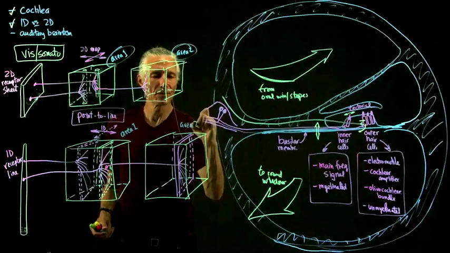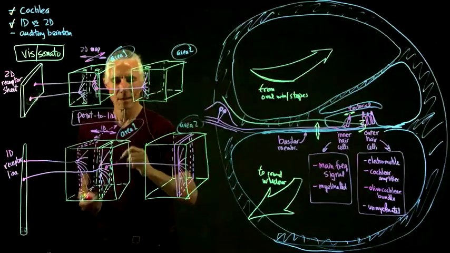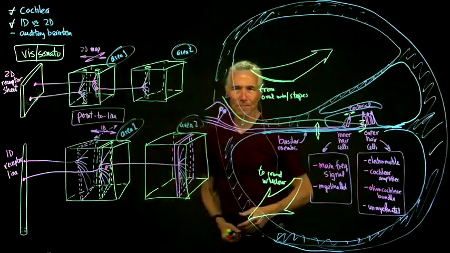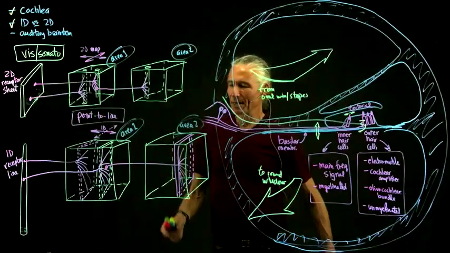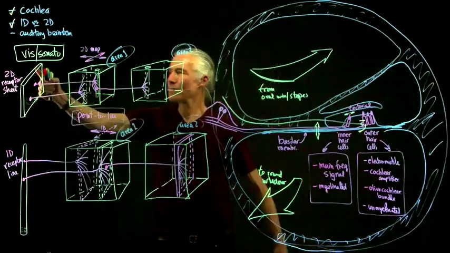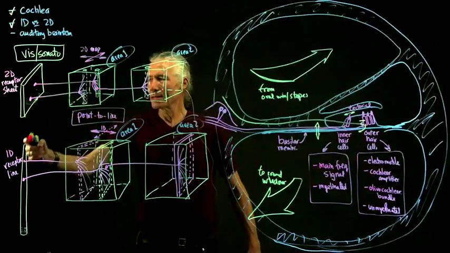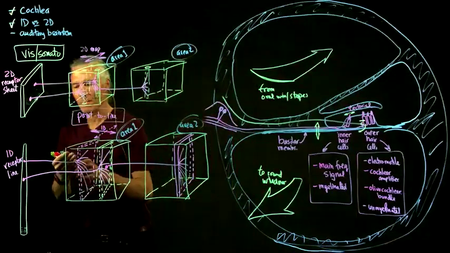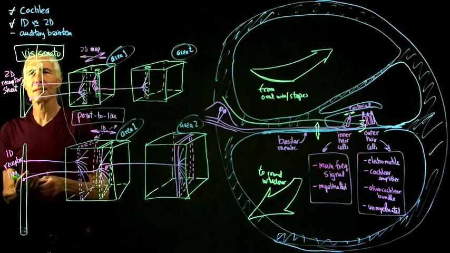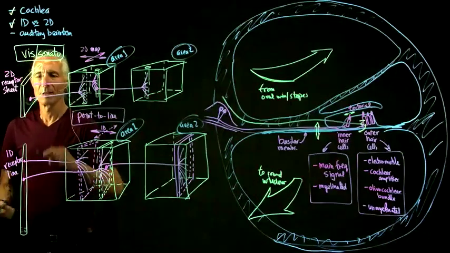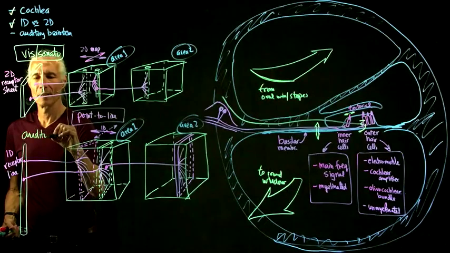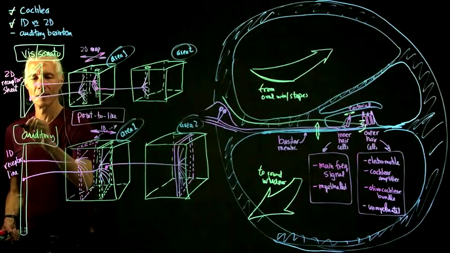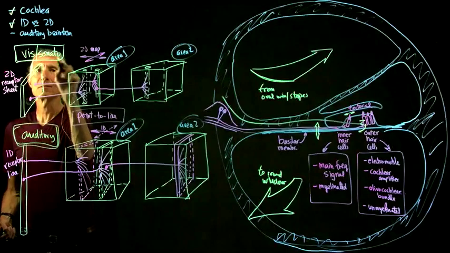So this continues as you go up in the system. So it's a fundamental kind of architectural difference between the visual and somatosensory system and the auditory system. So this is, forgot the heading here. Auditory. Visual and somato.